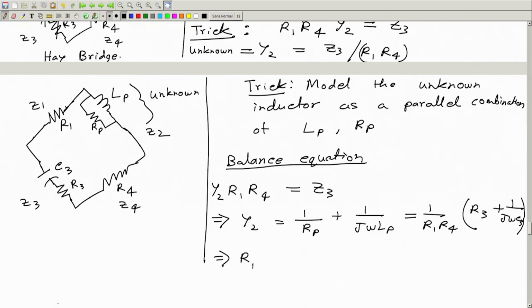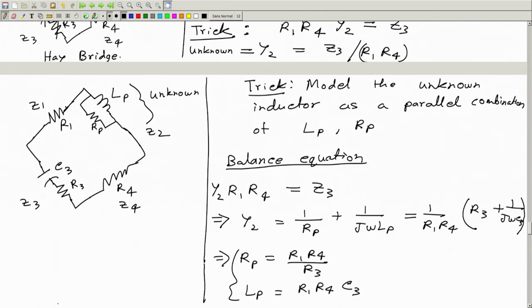That means Rp, you can write this as R1 R4 by R3, and 1 over Lp, so Lp you can write as R1 R4 multiplied by C3, right, R1 R4 C3. So, once again, just in 2 lines we can find the balance equation.